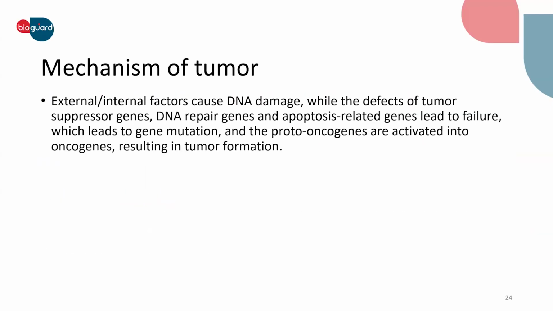Okay, let's talk about the mechanism of tumor formation. Our DNA faces constant damage from both external and internal factors. Normally, cells defend themselves using tumor suppressor genes to monitor growth, DNA repair genes to fix damage, and apoptosis genes to remove damaged cells.